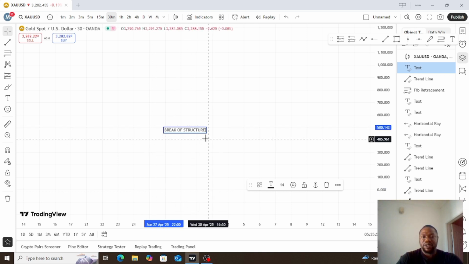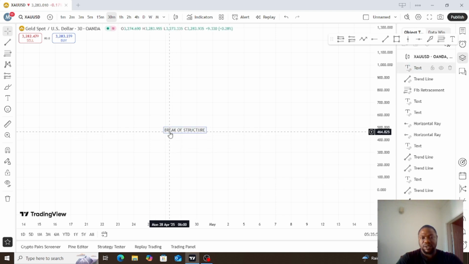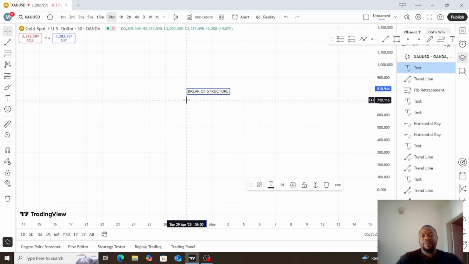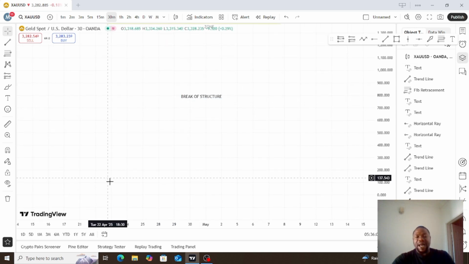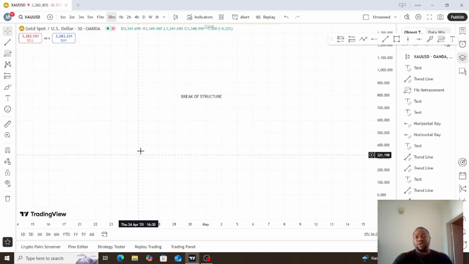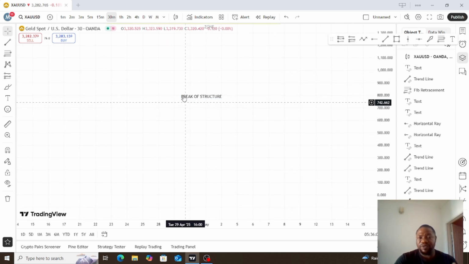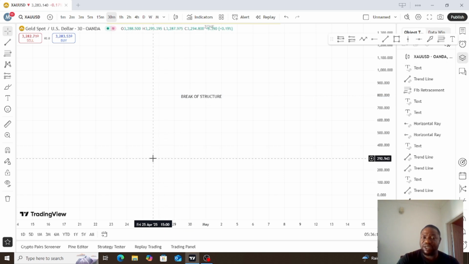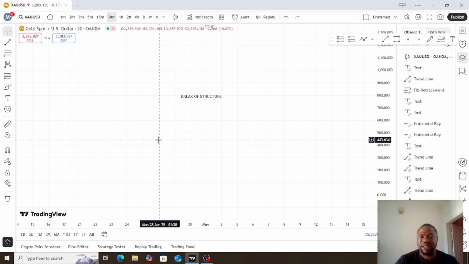Now, what is breakout structure? Before you identify a breakout structure, you must identify the trend of the market. It's very important you do identify the trend of the market.